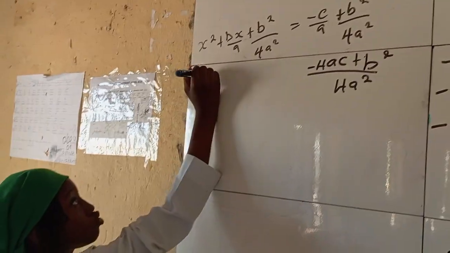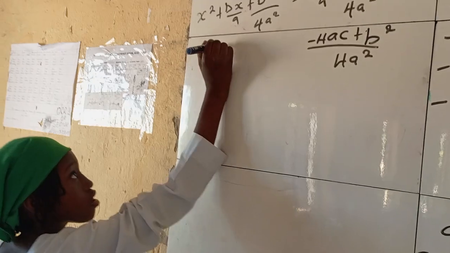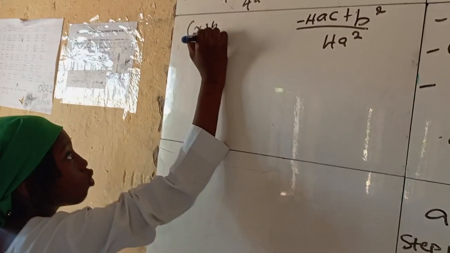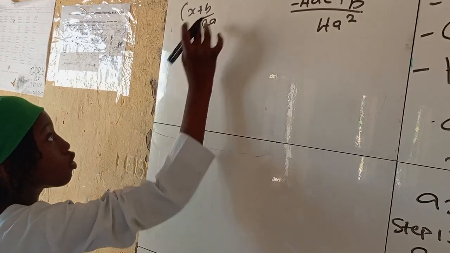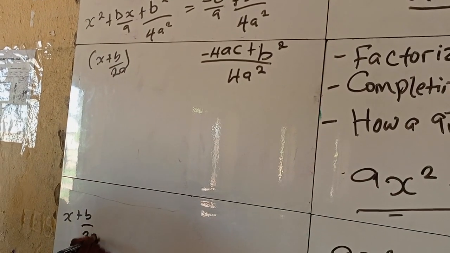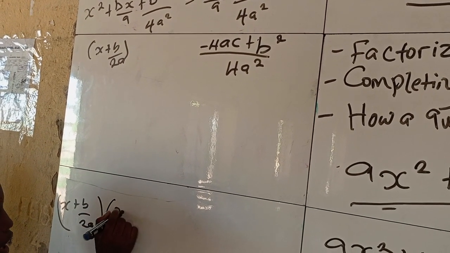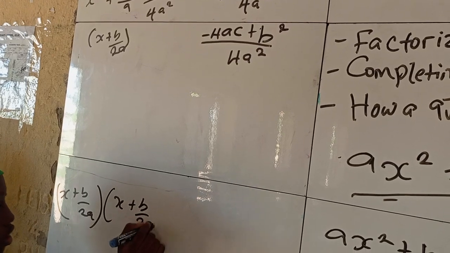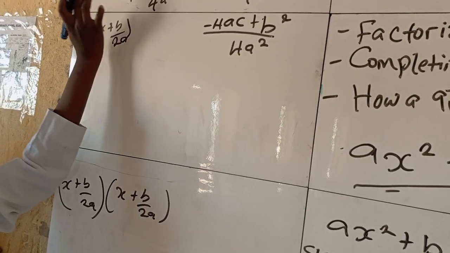So now we'll bring it together, picking x plus b all over 2a, because if here is x plus b over 2a and we have another x plus b all over 2a, if we multiply it, it will definitely give us what is here.